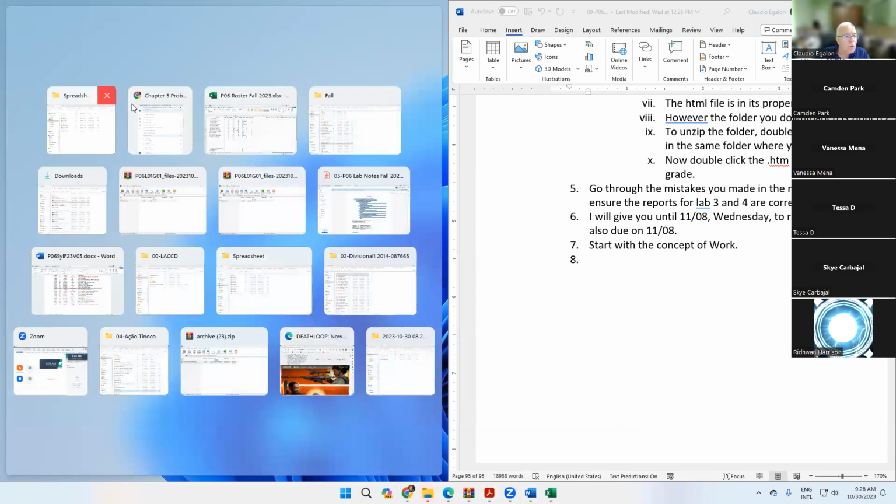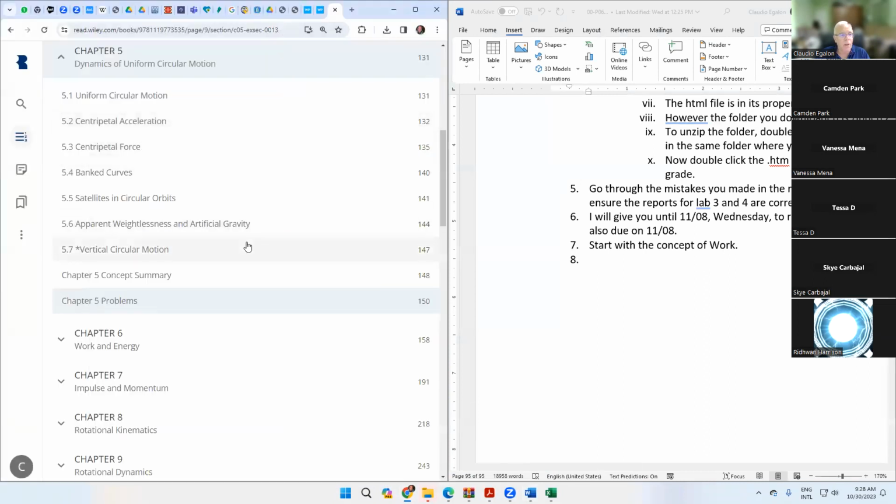Let's look. Okay. Material for chapter 5, 5.1, UCM, uniform circular motion.